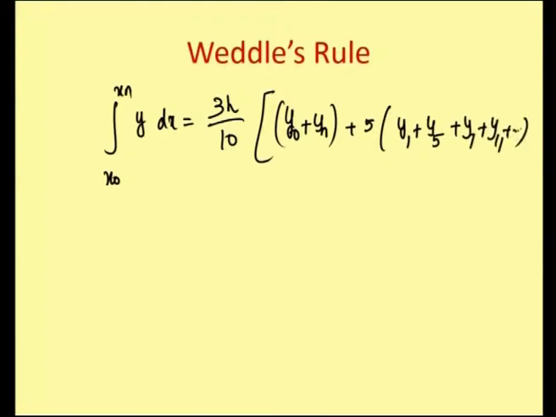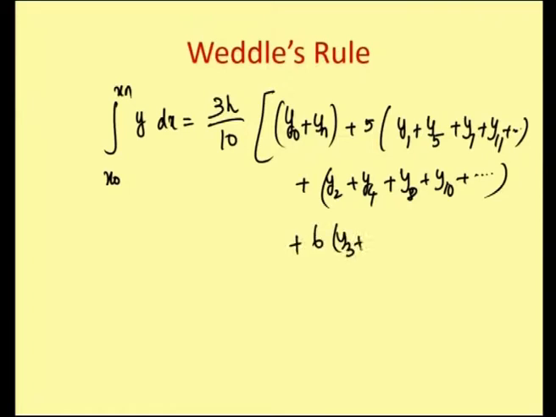You can just see which terms are missing, plus y2 plus y4 plus y8 plus y10 plus etc. Multiples of 3 have been taken separately, y3 plus y9 plus y15 plus etc., and multiples of 6 have been taken separately, y6 plus y12 plus y18 plus etc.